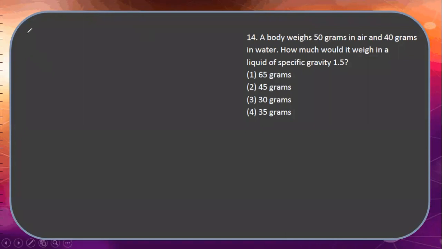Whenever we take that, weight of the body in air is 50 grams and weight of the body in water is given as 40 grams. Then specific gravity or relative density is given as 1.5.